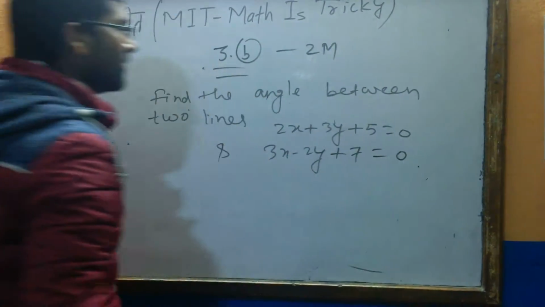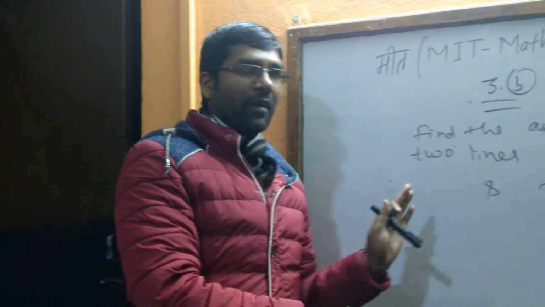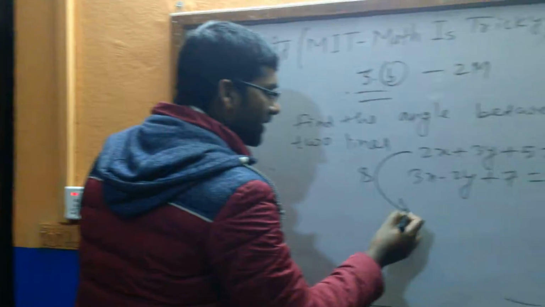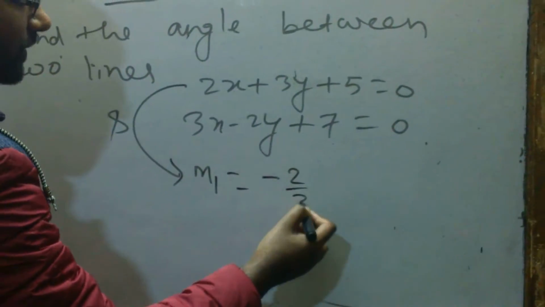Just find the slope of the first: m1 equals minus 2 by 3.